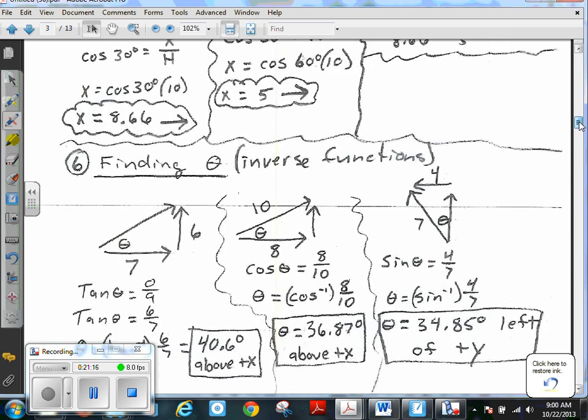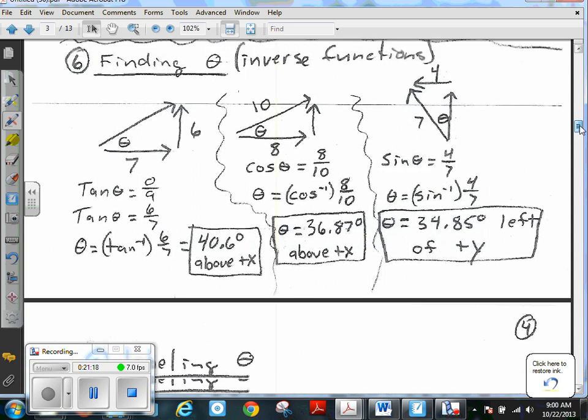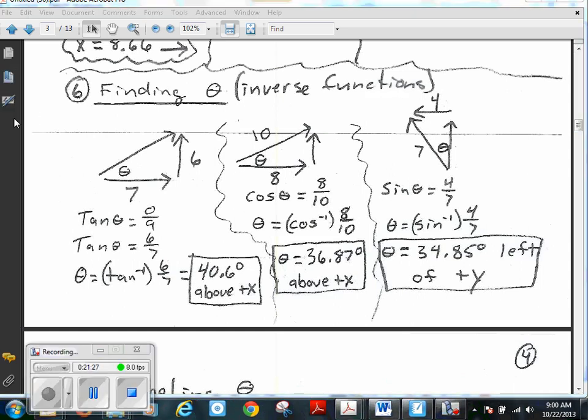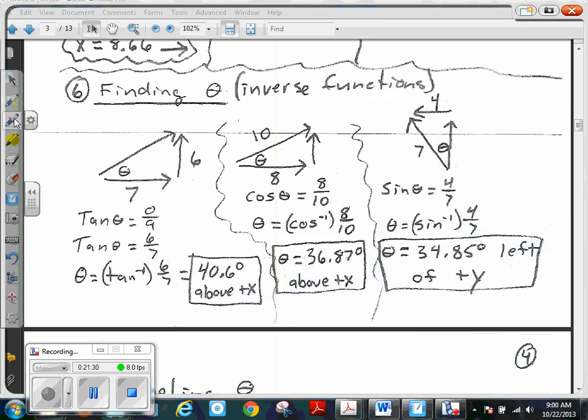So let's look at finding theta. Okay, so inverse functions, finding theta. If we look at this first example, you can see that we have leg sides of 6 and 7. So 6 here is the opposite, right? 7 is adjacent to theta. So you just start out with TOA, because you're using opposite and adjacent.